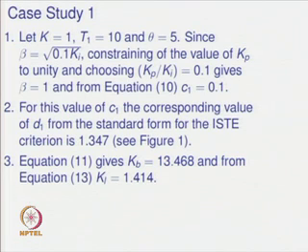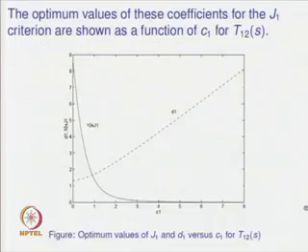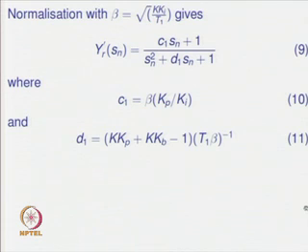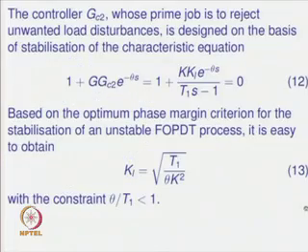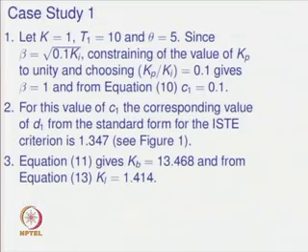So, this shows that Ki is equal to 10, which gives us ultimately beta equal to 1, and from equation 10 we get C1 equal to 0.1, because if you look at equation 10, C1 is beta times Kp upon Ki, and since beta equal to 1 and Kp upon Ki is 0.1, therefore C1 also will be equal to 0.1. So, thus we get C1 equal to 0.1.